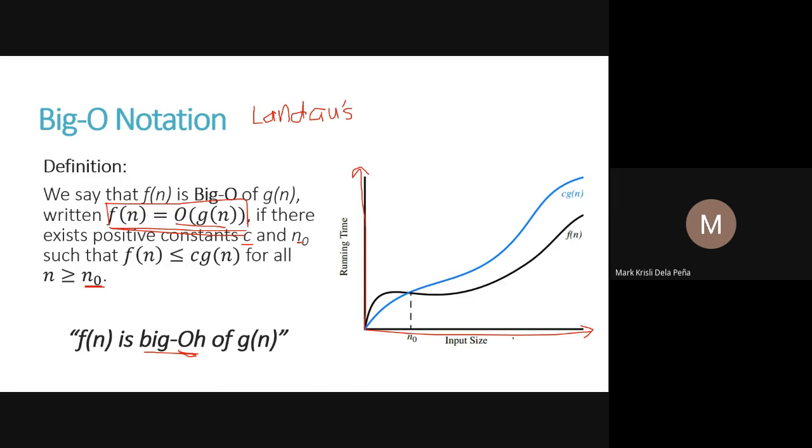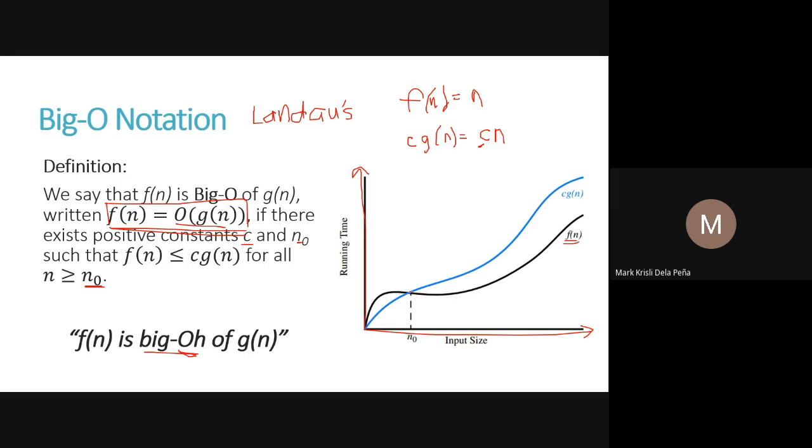If you take a look at this graph, this is our given function. When we analyze an algorithm, we express it as a function. Say, for example, f of n is equal to n. Now g of n will be a different function, but with a much higher value than f of n. That could be c times n, a constant times n. This is just an example.